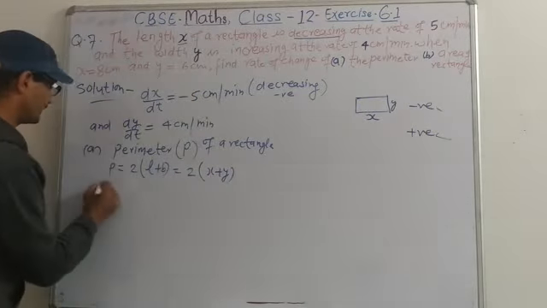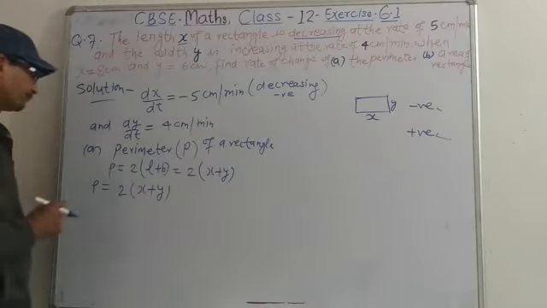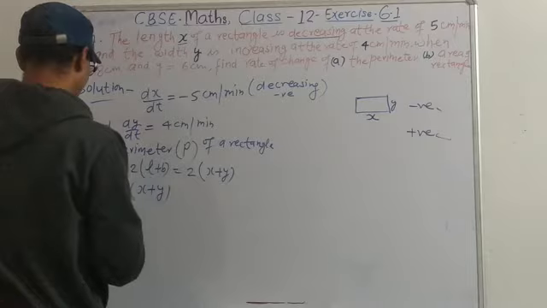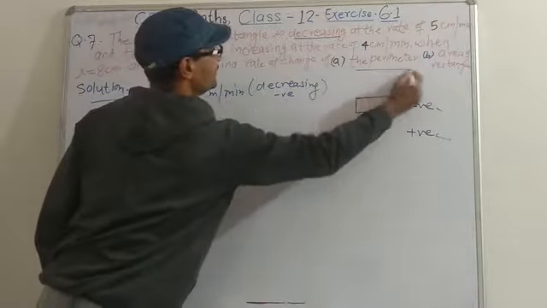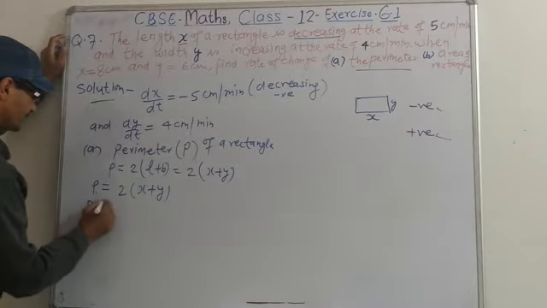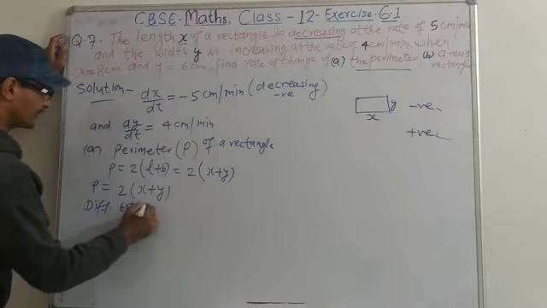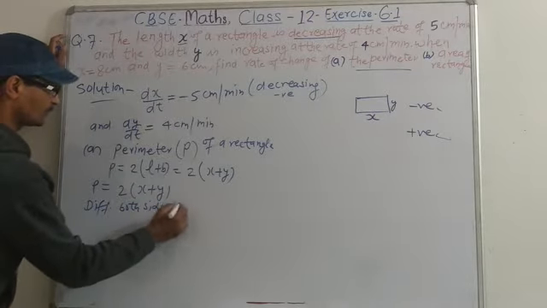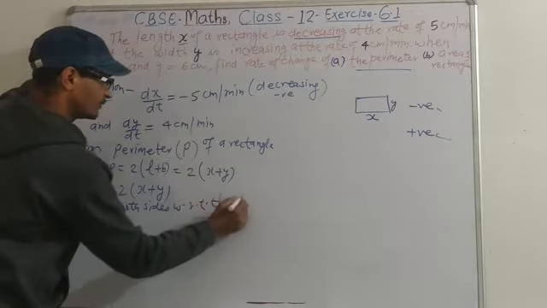That is the perimeter. And we have to find the rate of change of perimeter, which means differentiating both sides with respect to time t.